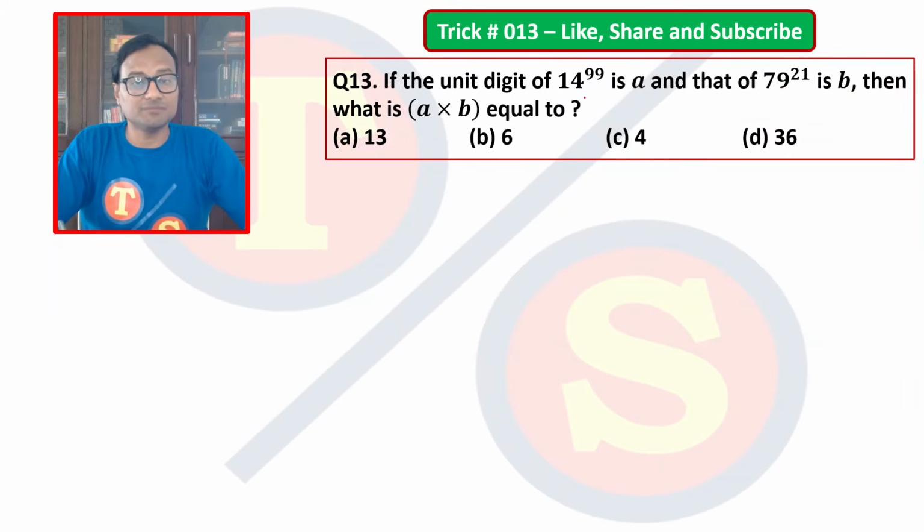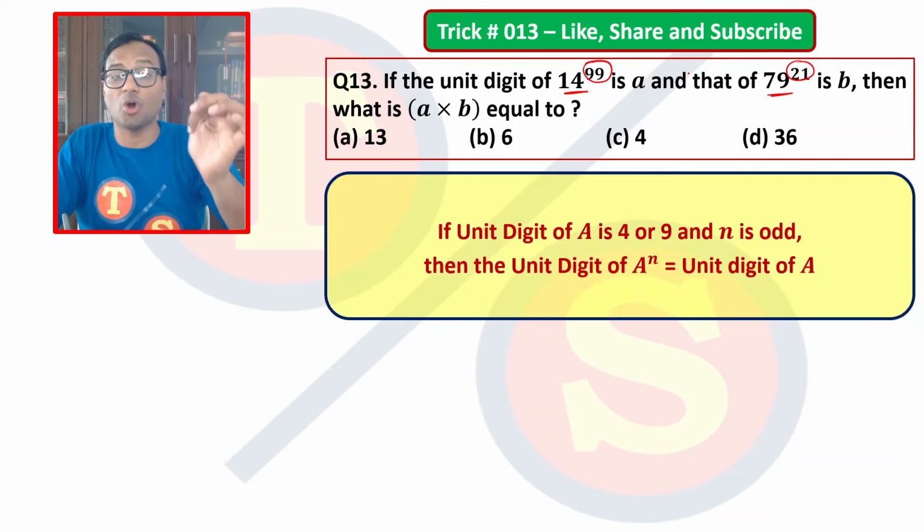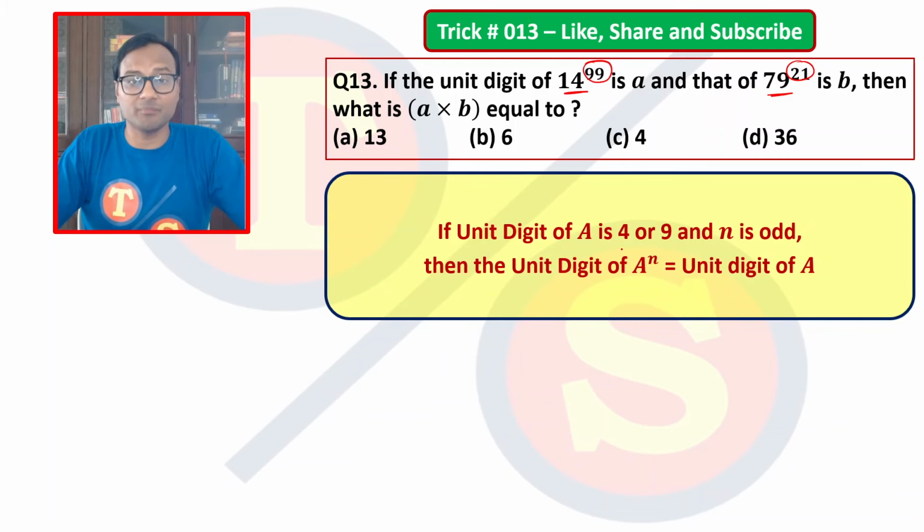After that, if we see the unit digit of 14 to the power 99 and 79 to the power 21. So here you can easily identify that the powers are odd numbers. 99 and 21 are odd numbers. So whenever our base has a unit digit 4 or 9 and the power to which it is raised is odd, in that case the unit digit of A is the unit digit of A to the power n.